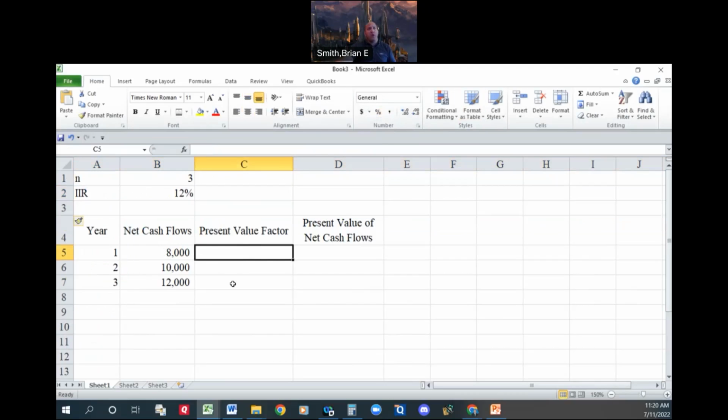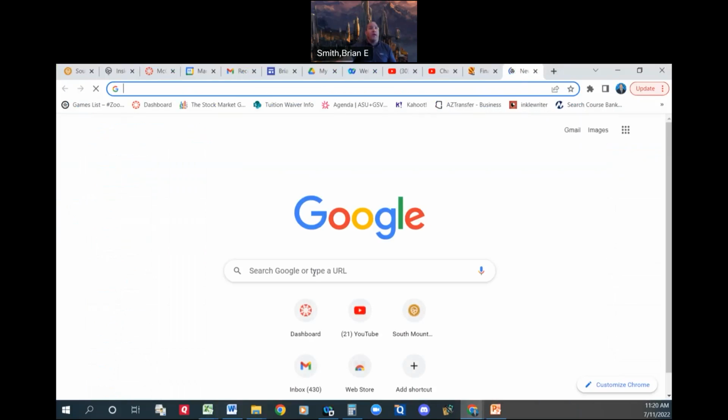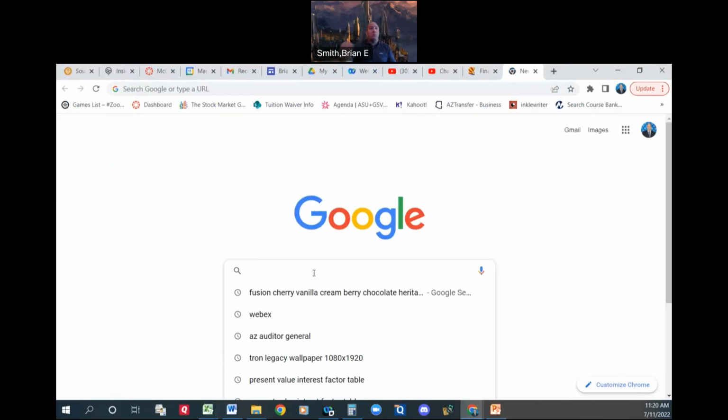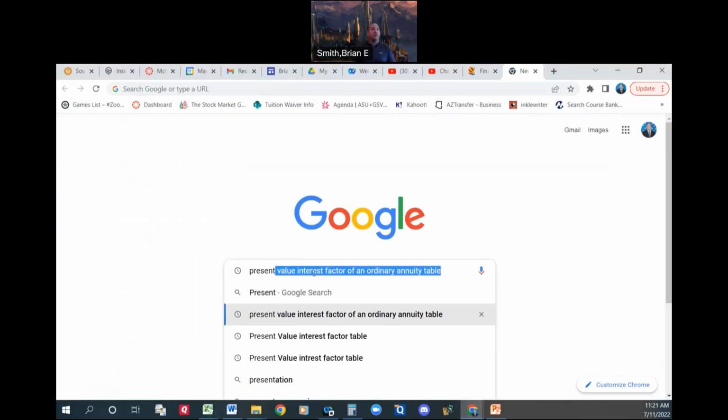How do we look up these present value factors? This is all we need in order to look up these present value factors. I'm going to come over to the internet, to Google, or you can go to the book too. We want the present value interest factor table.